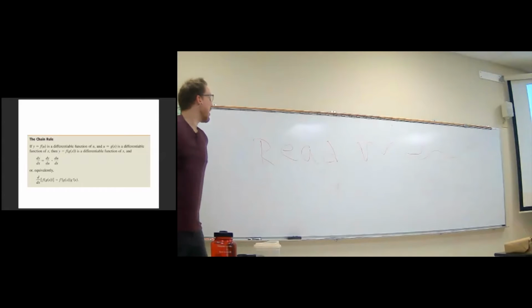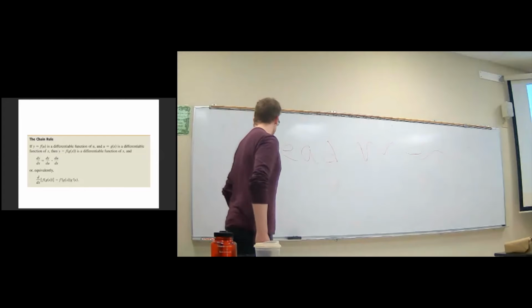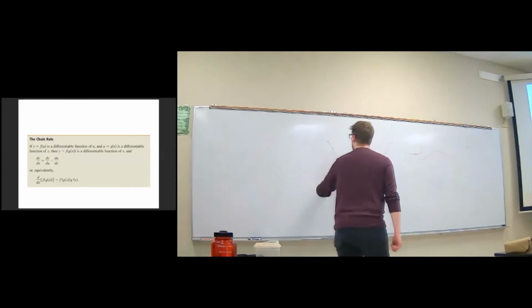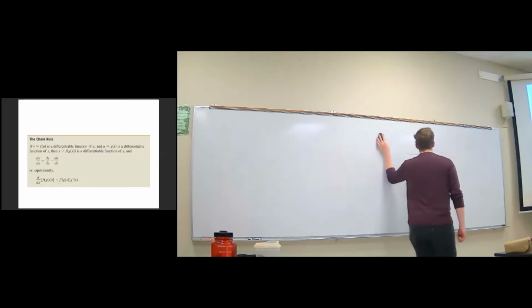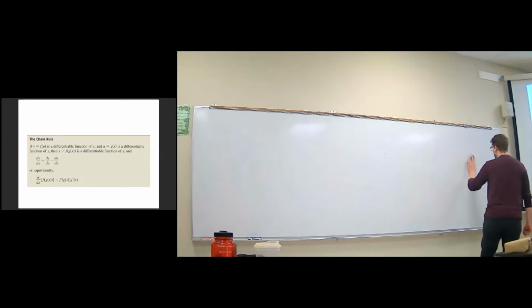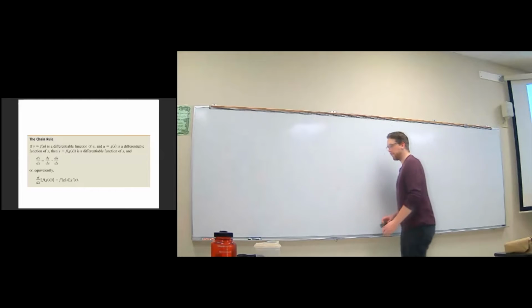All right, picking up where we left off last class. We were talking about this idea of the chain rule. The chain rule really just relates rates, right? We say we've got this function with another function inside.